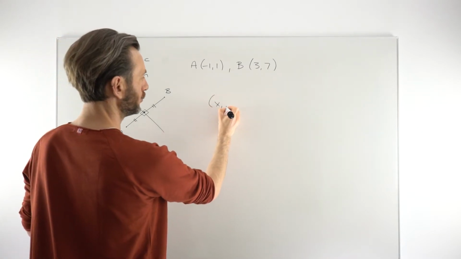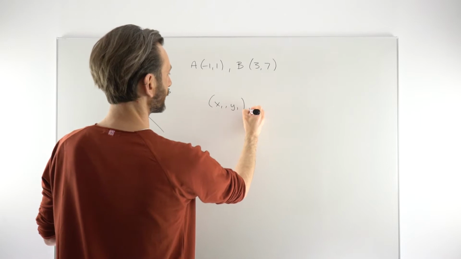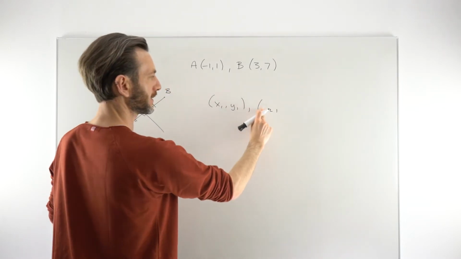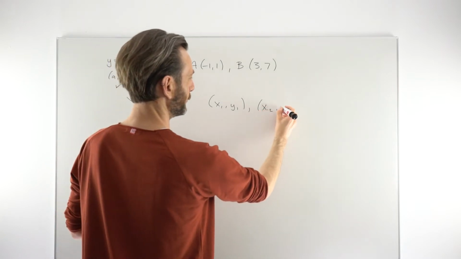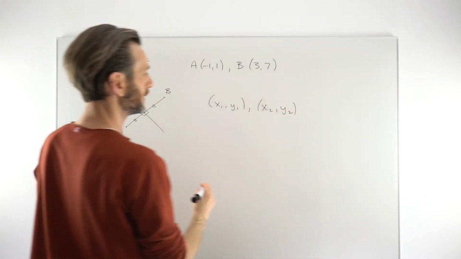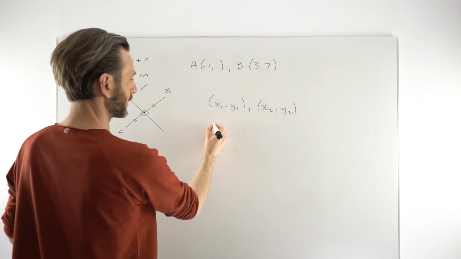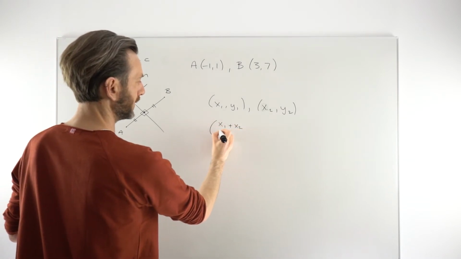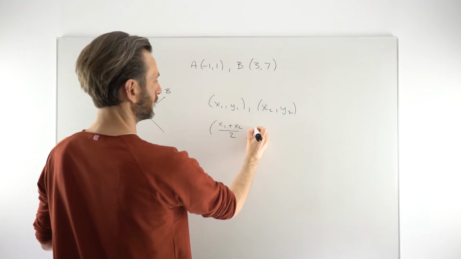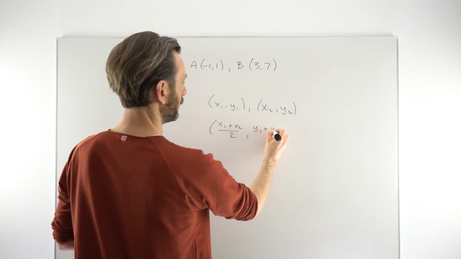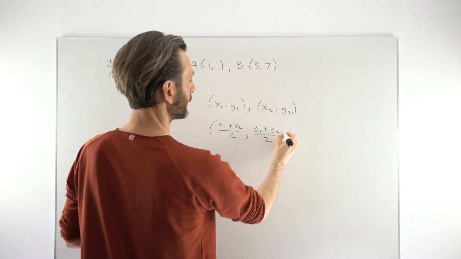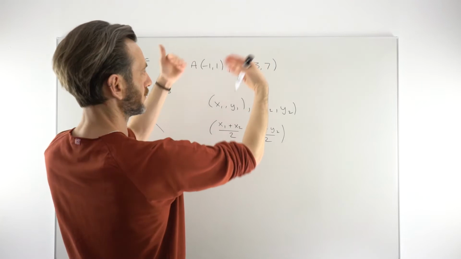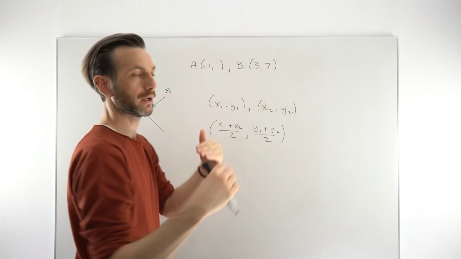If you've got two points, x1, y1, and x2, y2, then you can find the midpoint by adding your x's together, x1 plus x2, and dividing by 2, and then adding the y's together, y1 plus y2, and dividing by 2. That's a great way to do it. So add these together, divide by 2, add these together, divide by 2.